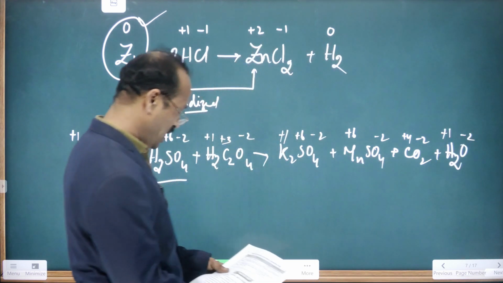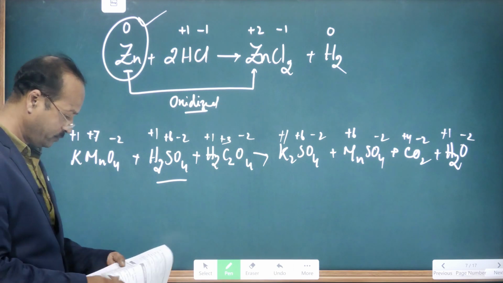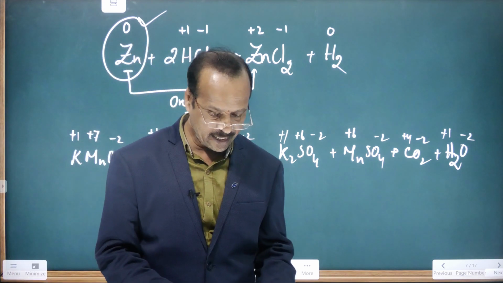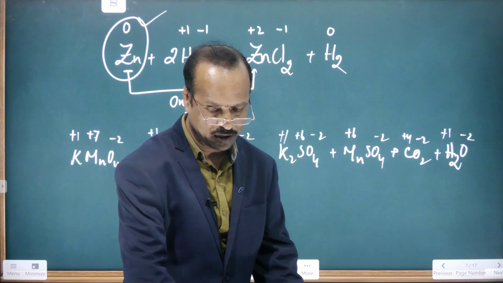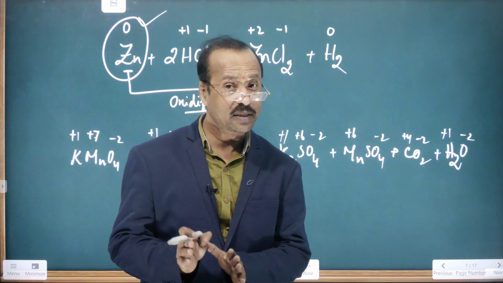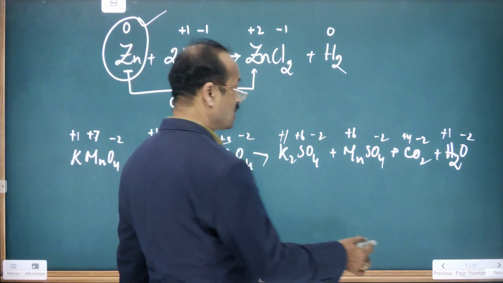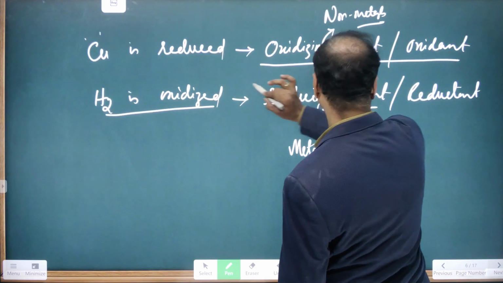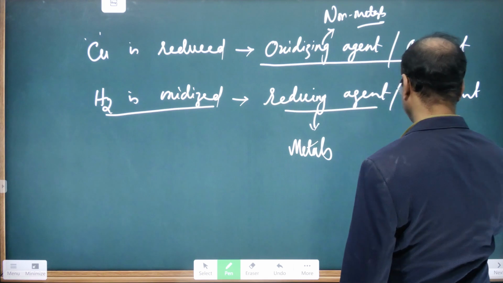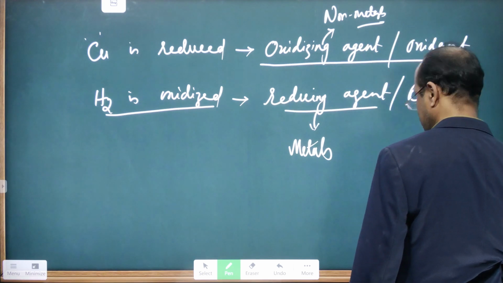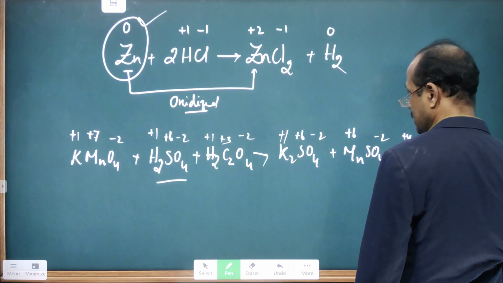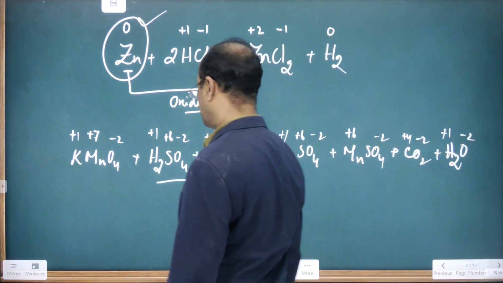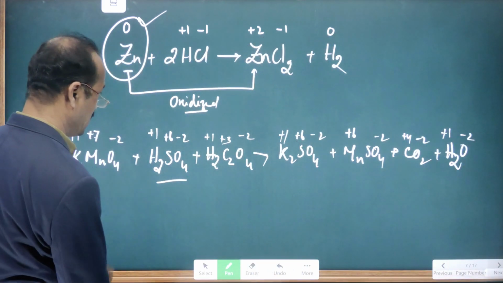So here what they are asking is to find the reductant in the following reaction. Reductant means what? The reducing agent, which undergoes oxidation. Which is undergoing oxidation, that is called a reductant or reducing agent. So, students, now which is undergoing the oxidation? Oxidation means the number has to be increased, right?